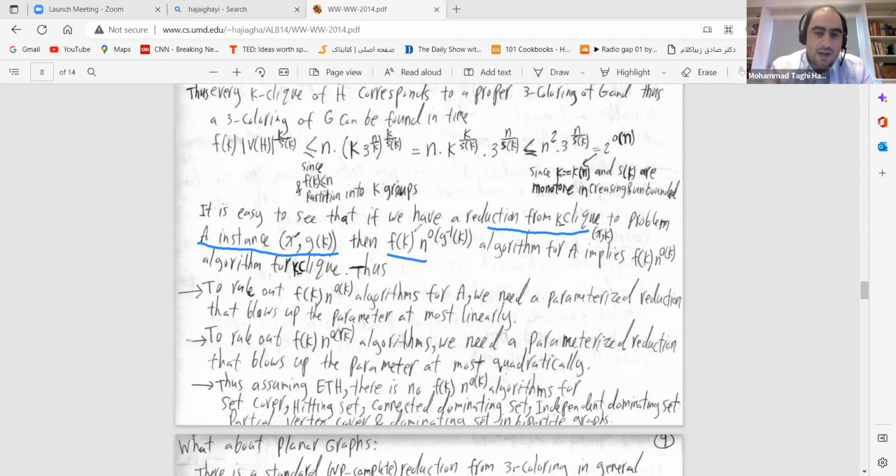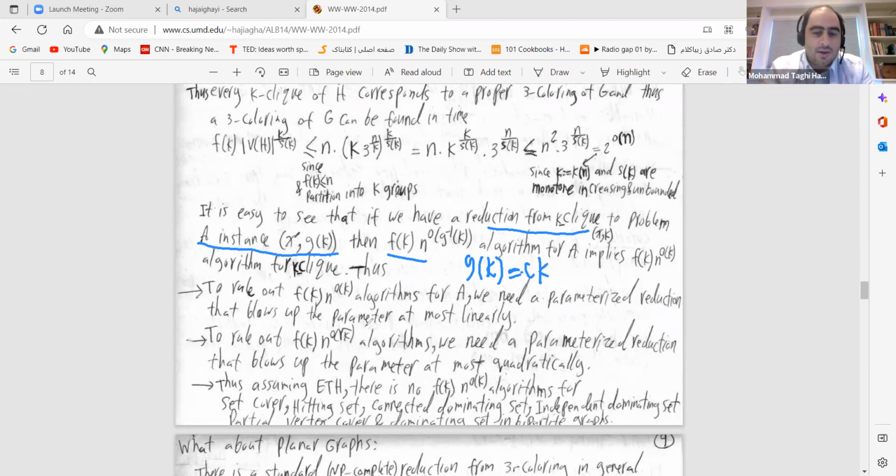Generally, when we do this reduction, g of k is just linear in k. So g of k is c times k.